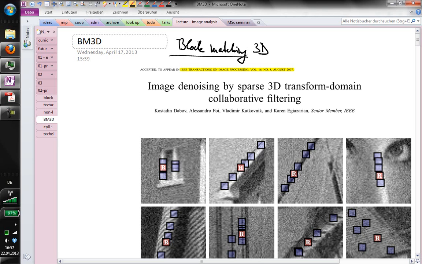So the method is not a model of sheer beauty. It is somewhat engineered. It has a couple of parameters, which, however, the authors adjusted optimally. And it has really taken a few years and huge efforts to get just fractions of a decibel better in denoising performance. So that is quite a feat.